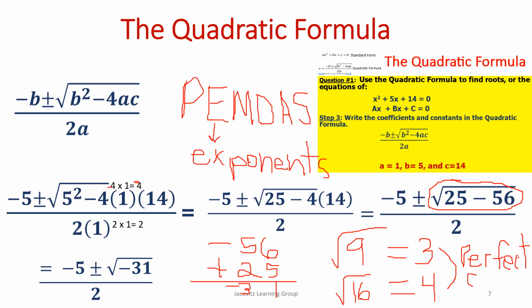Now, here's the situation. If you were really going to do this so that you could graph this equation, you would have negative 5 plus or minus the square root of negative 31.